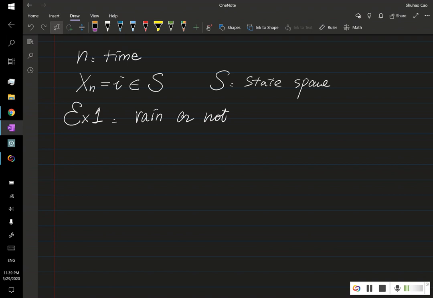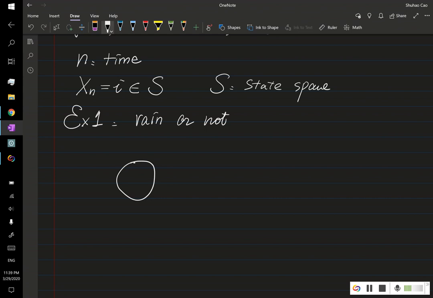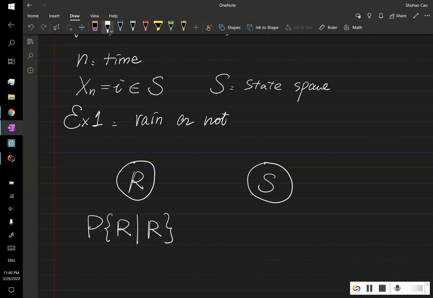So we want to determine whether tomorrow will be raining or not. So let's suppose there are only two states: it's gonna rain or it's not gonna rain. So let's suppose the probability of a given day, given it's raining today, and tomorrow, is 0.4.